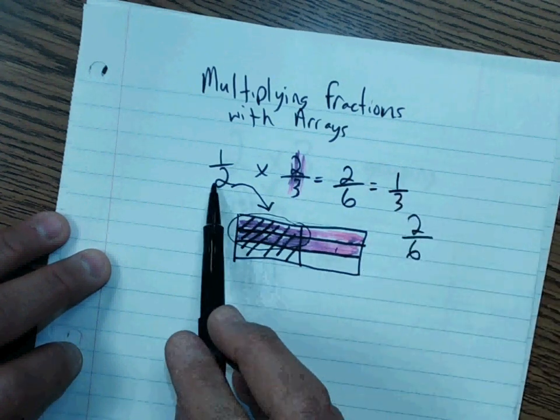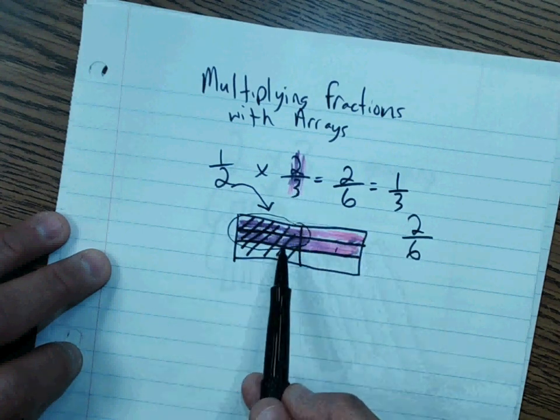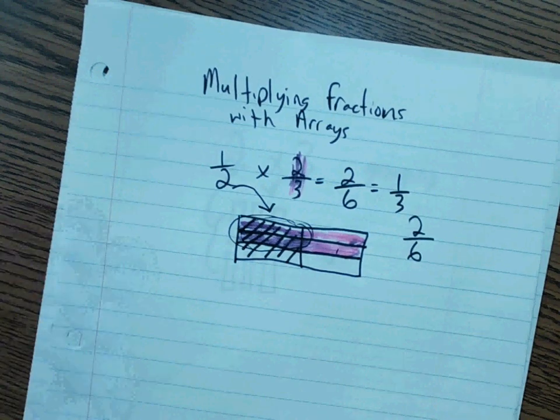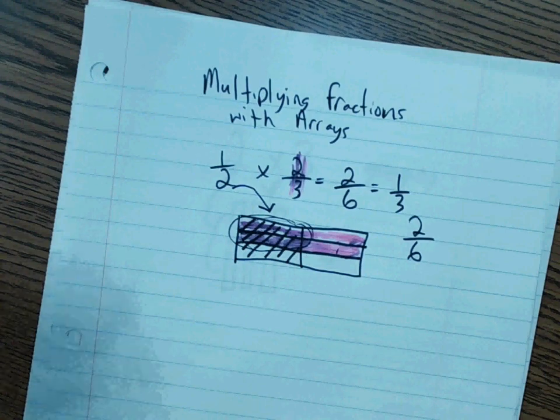So when you multiply a half times 2/3, you end up with 1/3 of a shape. Some of you guys are used to when you're multiplying numbers, usually the product or your answer is going to be a larger number. When you're multiplying with fractions, you end up with a smaller product.